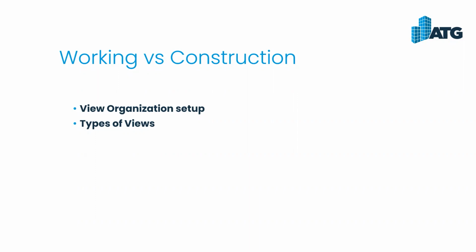The next set is the construction documents. This category basically contains any views which should be placed on issued sheets. So anything that you're going to print out, create PDFs of, or push out to all the consultants that you're working with, those are going to be your construction document type views.